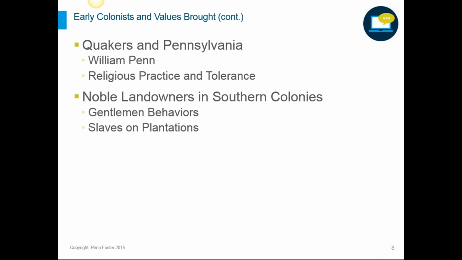In other southern colonies, south of Jamestown and Virginia, more noble landowners are moving into these areas, like the Carolinas as well as Georgia. And we start seeing the idea of gentleman behaviors. The Southern gentleman is really created from the beginning, as these noblemen bring to the English colonies their sense of behaviors and their sense of dignity.